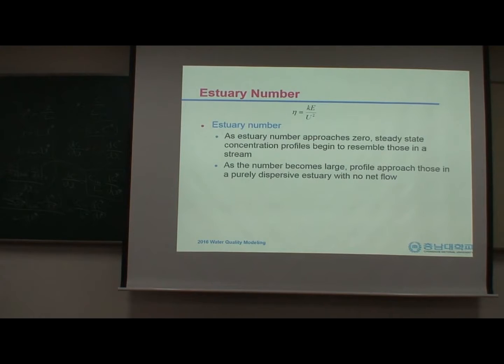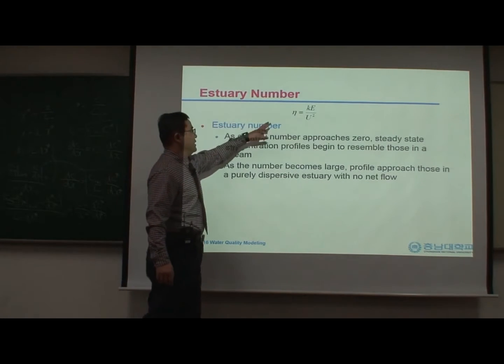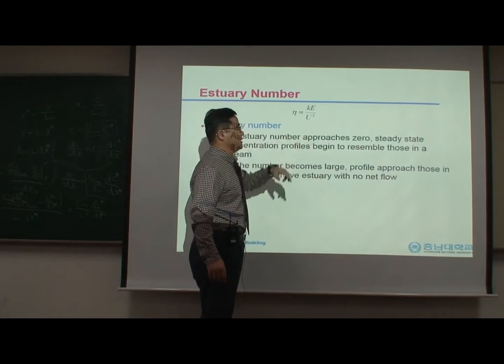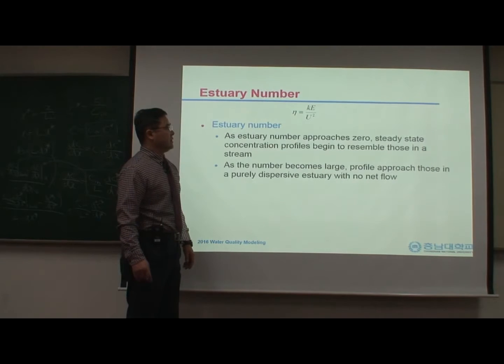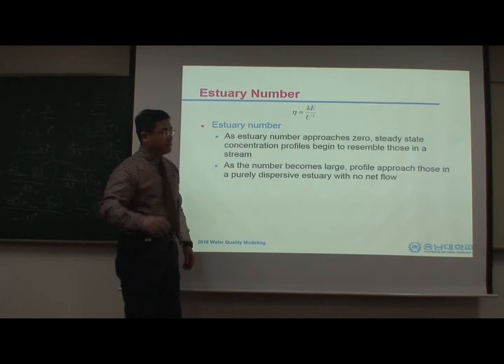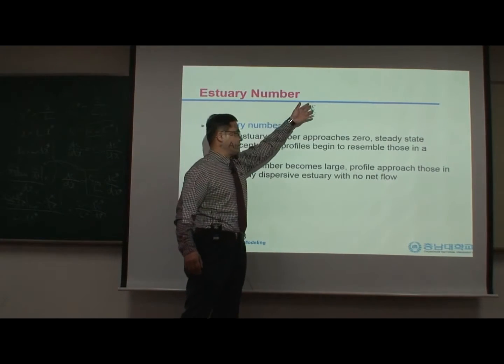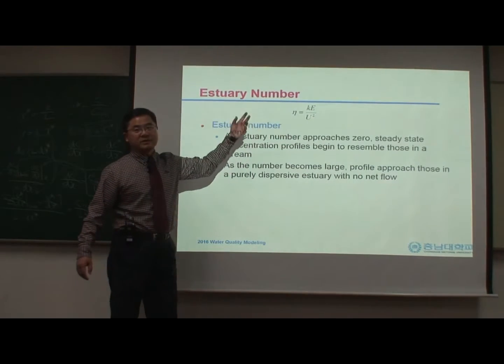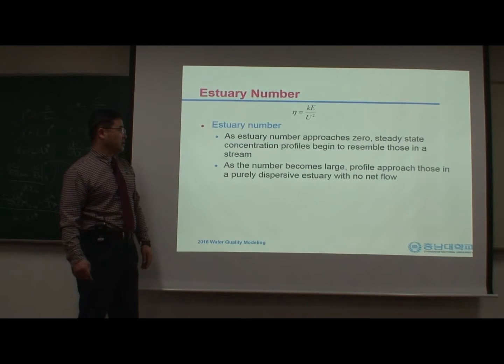Okay, we now have another number, which is called the Stanton number, and this one compares dispersion and velocity. As you can easily imagine, their units cancel each other. So this can be another dimensionless number.